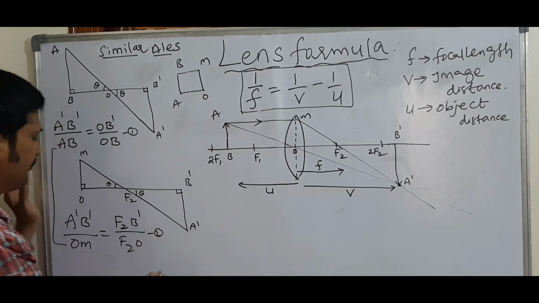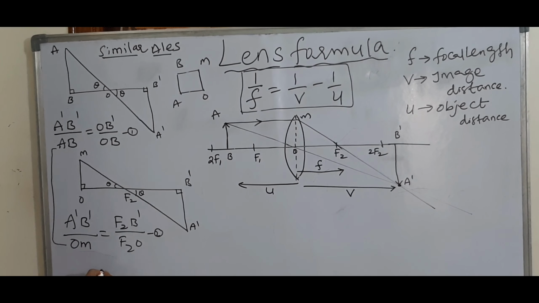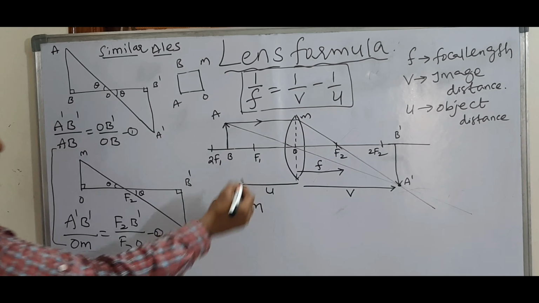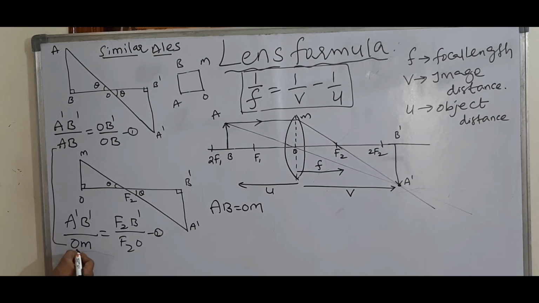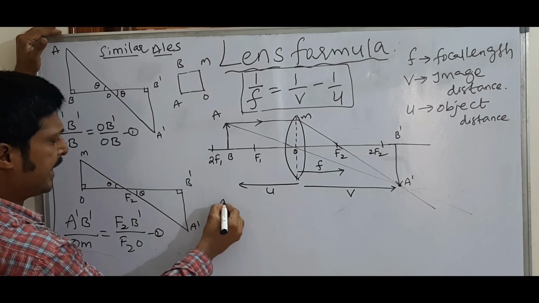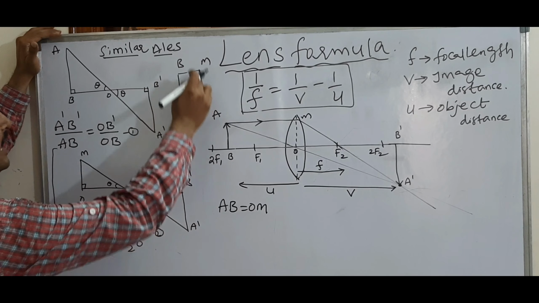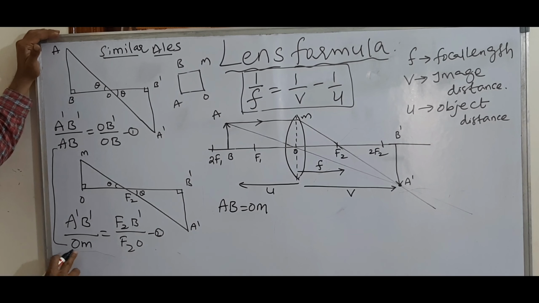That means in the place of AB we can write OM. So AB is equal to OM. In the place of OM, substitute AB.